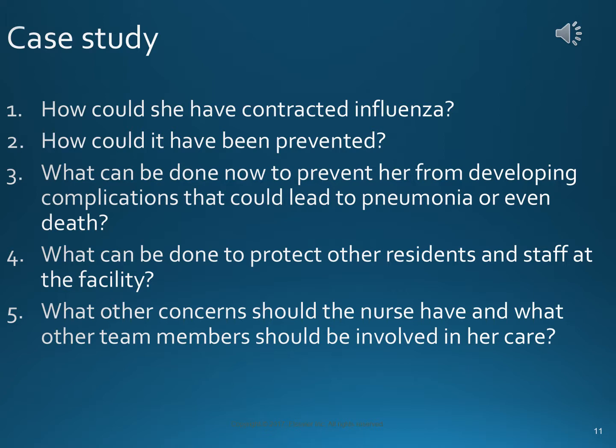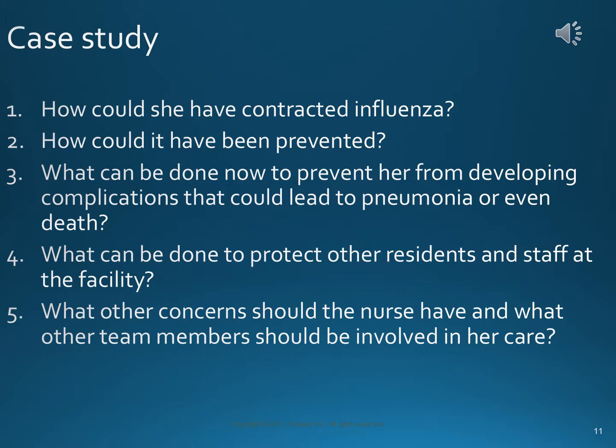What other concerns should the nurse have, and what other healthcare team members should be involved in her care? A decision has to be made whether or not to send her out. Look at advanced directives, talk to family about the goals of care, but anybody who has mental status changes really deserves to be evaluated. She may have influenza, she may be dehydrated, she may have a urinary tract infection.